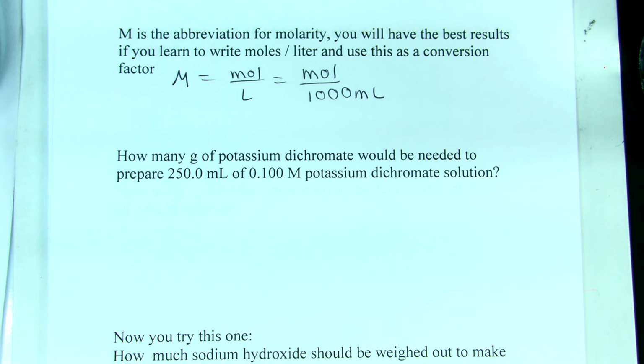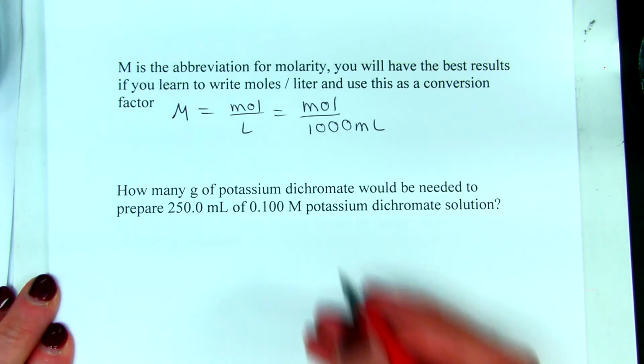Okay, so let's look at this first example. There's all kinds of problems you can do with molarity. So first example, how many grams of potassium dichromate would be needed to prepare 250 milliliters of 0.1 molar potassium dichromate solution? Well, when you think about this, we know the molarity.